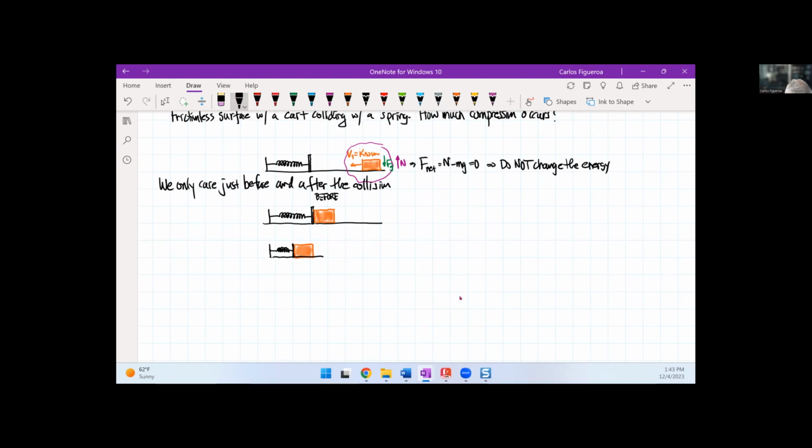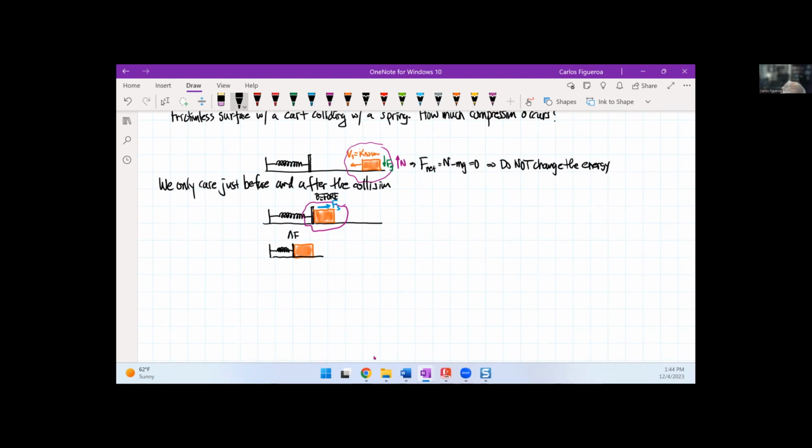So now if I look at my system here, what is my system? I do have a force, and this is the force of the spring. Gravity and the normal are not going to contribute to this. So now we know that the spring force will take all its work and convert it into spring potential energy.